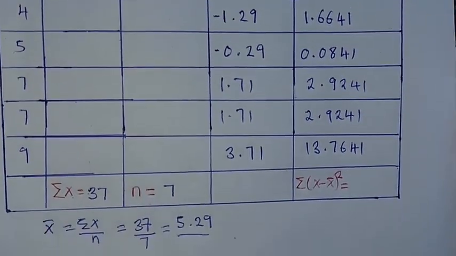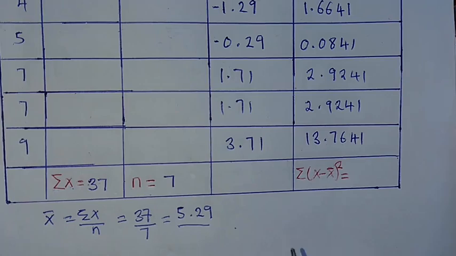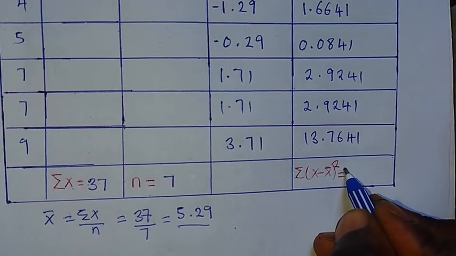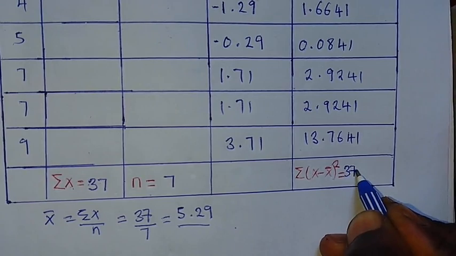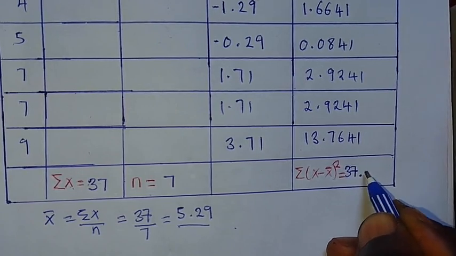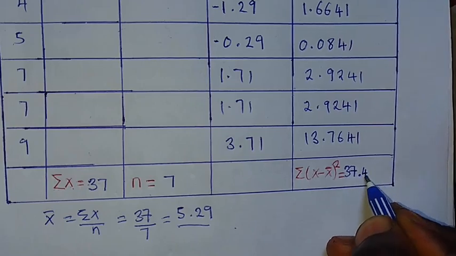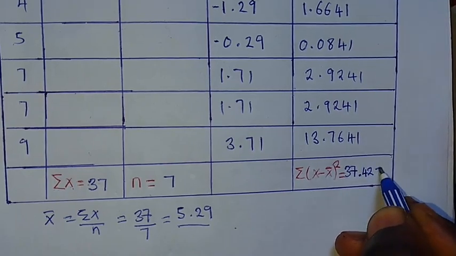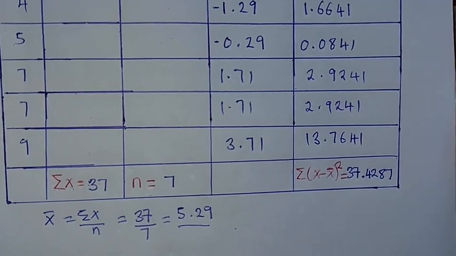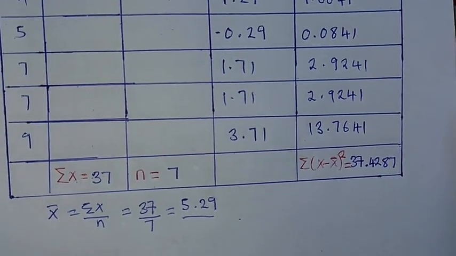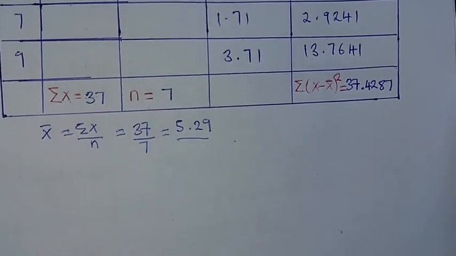So the summation of these values, we are getting something like this, 37.4287. So make sure that you have a calculator with you. Okay, you are done in the table there. Then just come back here.